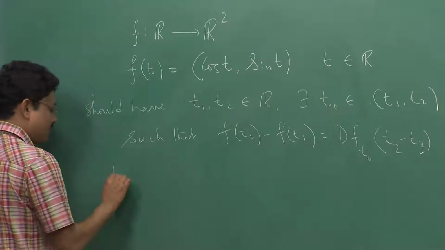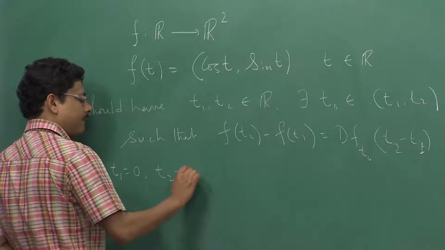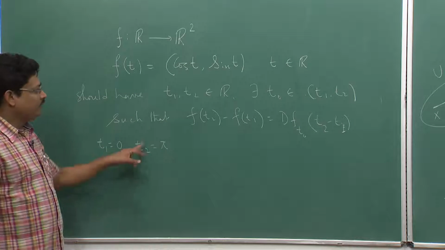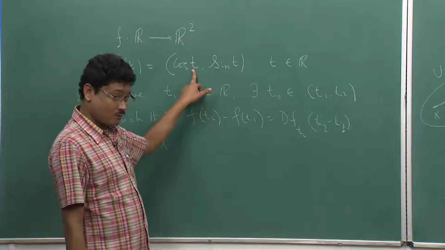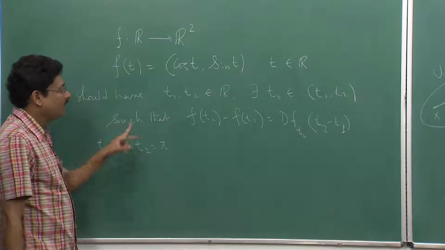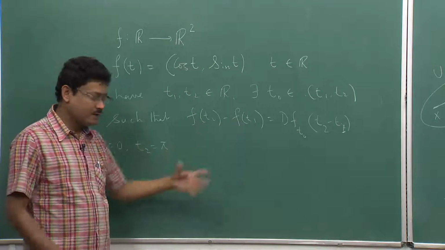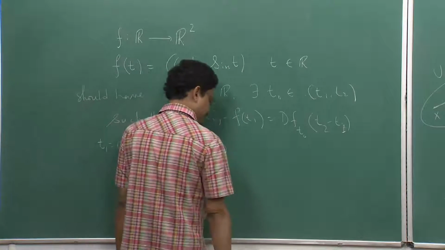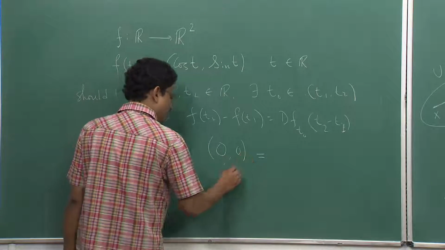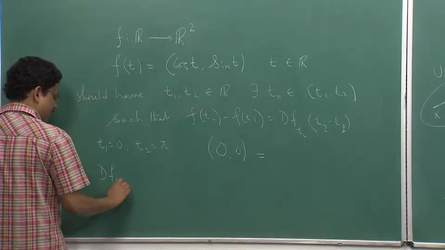Let us check. Let us take T1 equal to 0, T2 equal to 2 pi. What is f T2? Cos 2 pi is 1, sin 2 pi is 0. What is f T1? Cos 0 is 1, sin 0 is 0. So, left hand side is 0, the zero vector of R2. What is df at T naught?